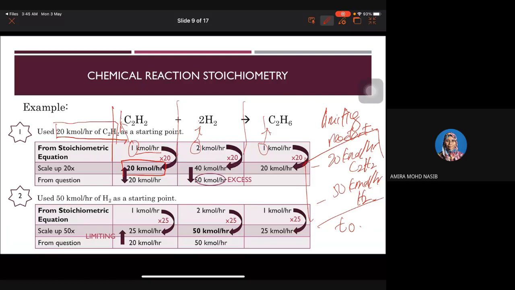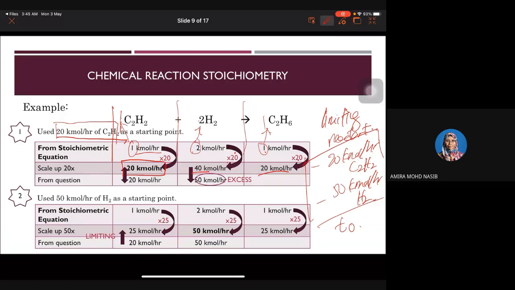Okay, and I scale up to 20 times, because originally we have one, right? So since this is scale up 20, the rest also need to scale up by 20. So 2 times 20 we have 40, 1 times 20 we have 20 kilomole per hour.